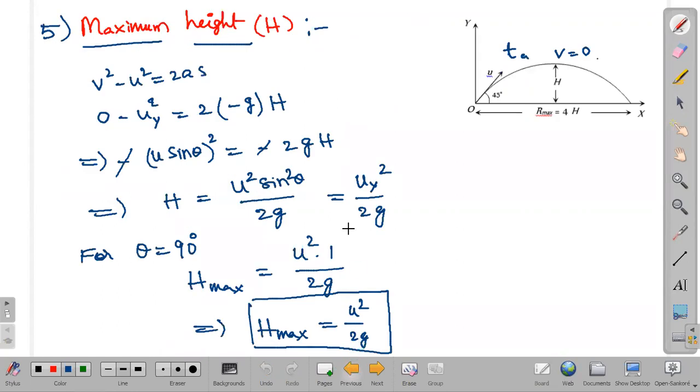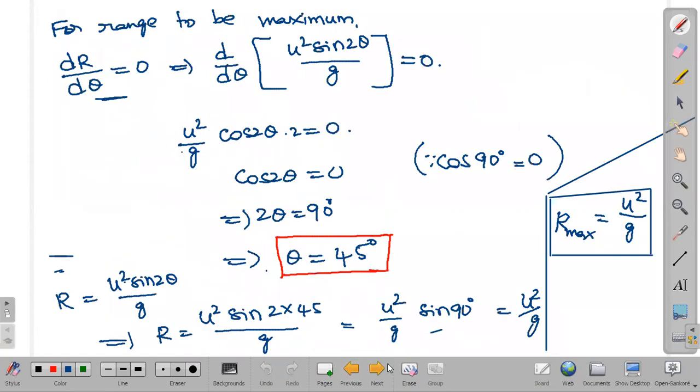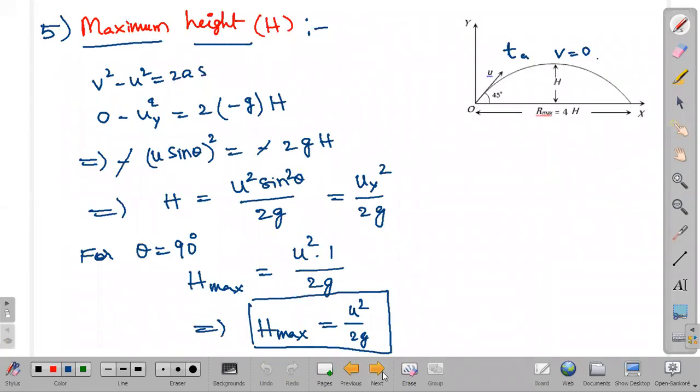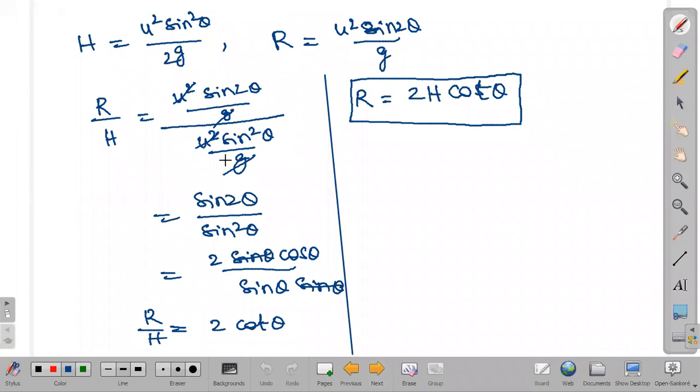Hold on. H value, u square sine square theta by 2g, that I have to substitute. I forgot to substitute the 2 here. So here a 2 will be coming up. 2 into 2, we will be getting 4. So we will be getting 4H cot theta. Okay, that is the horizontal range, right? So I will close here.